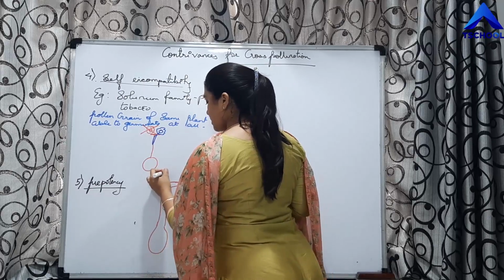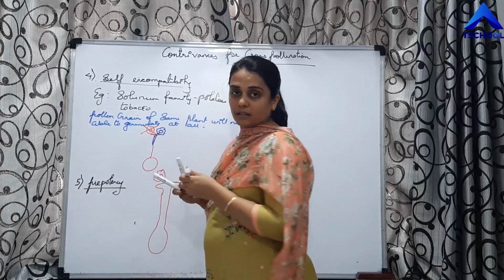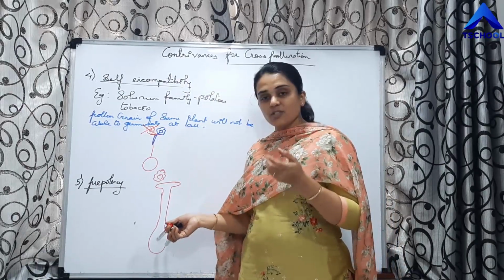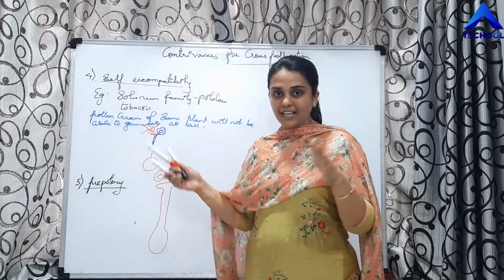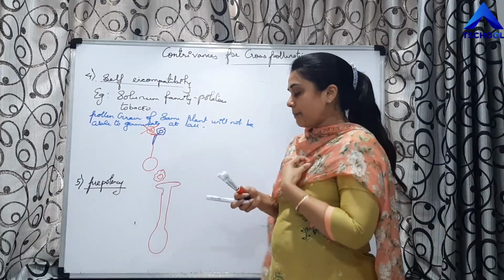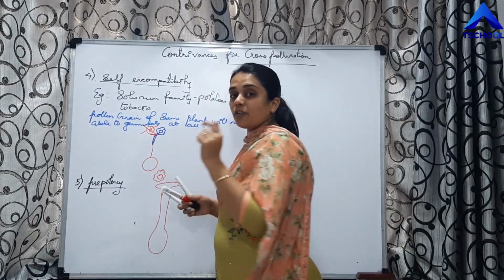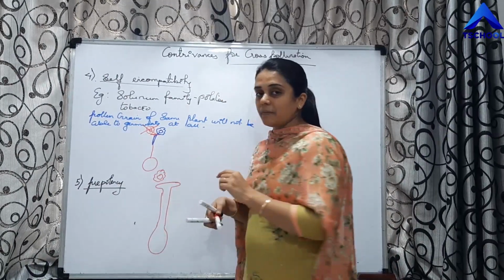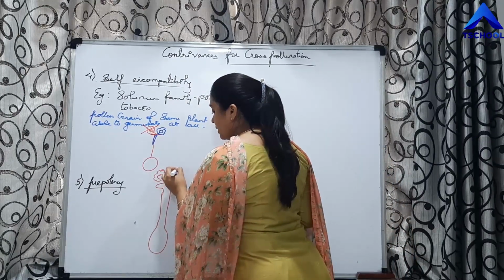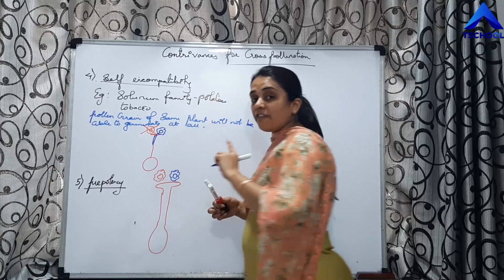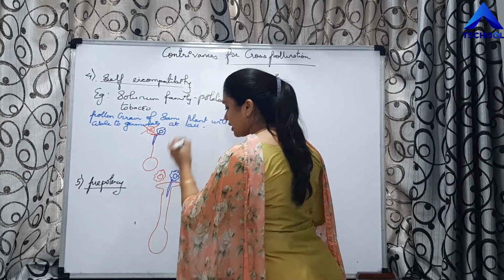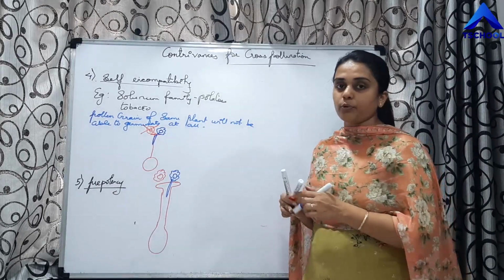This is the pollen grain of the same plant, which means the genes of the pollen grain as well as of the egg will be the same, right? There will be genetic similarity, right? If this pollen grain of the same plant is resting on the stigma, it will not be able to germinate. If the pollen grain of some other plant of the same species comes, then it will be able to germinate and produce the pollen tube.